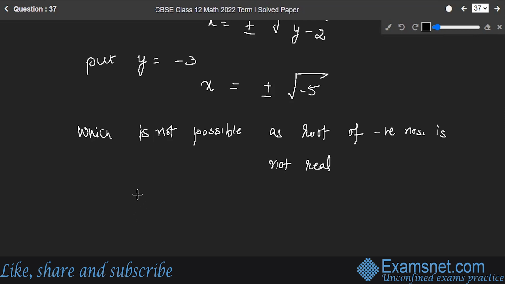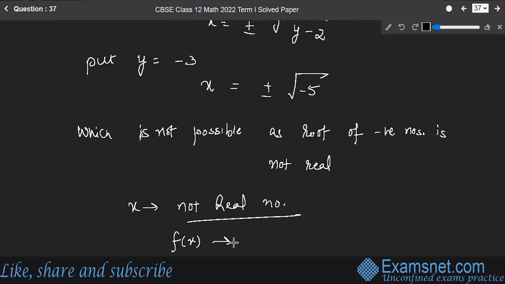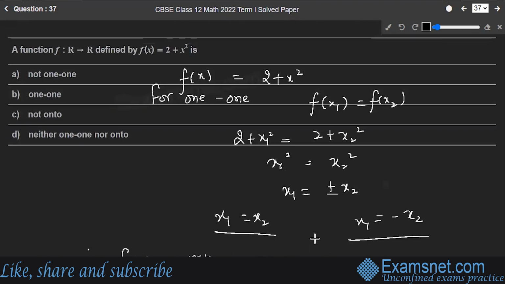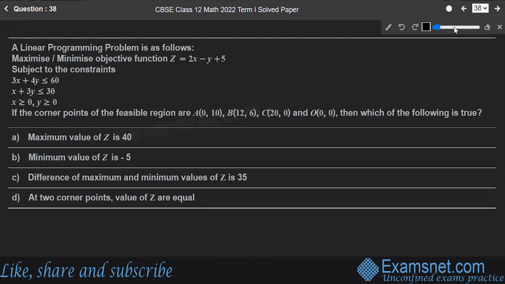Therefore, x is not a real number. Hence, f(x) is not an onto function as well, right? We checked for both of them. That means it's neither 1 to 1 nor onto, and option D is the correct answer. Hope you understood that. Next question number 38.